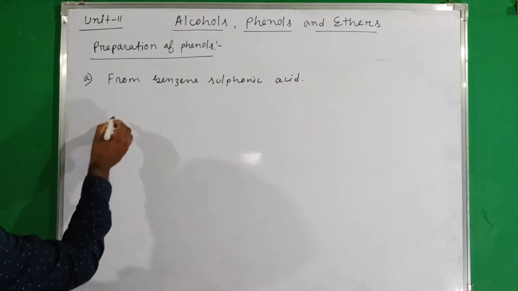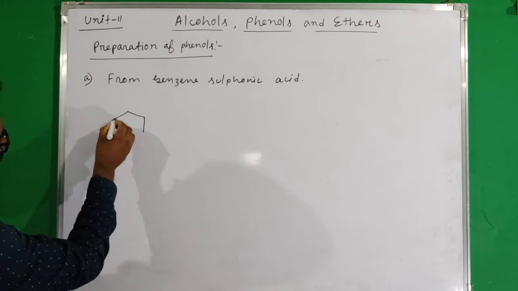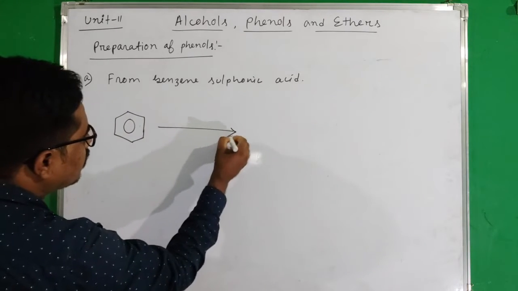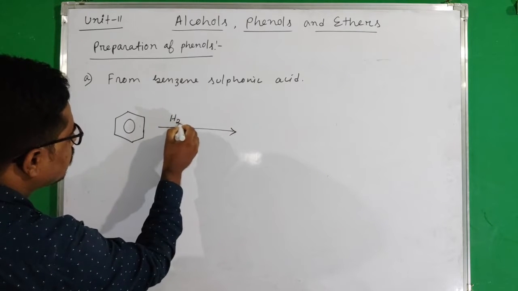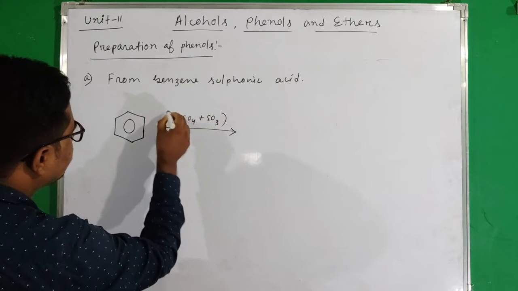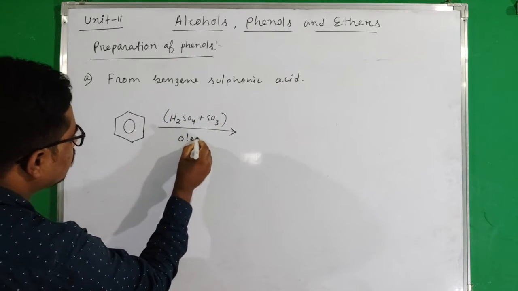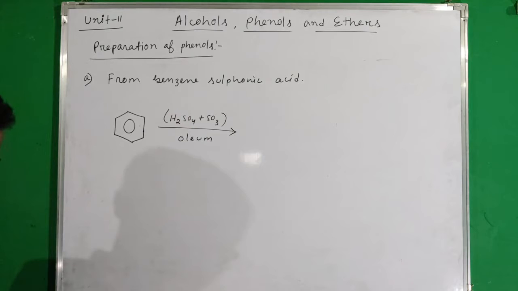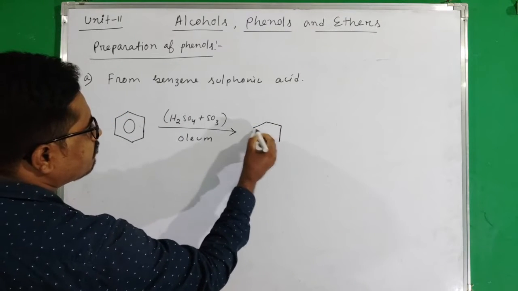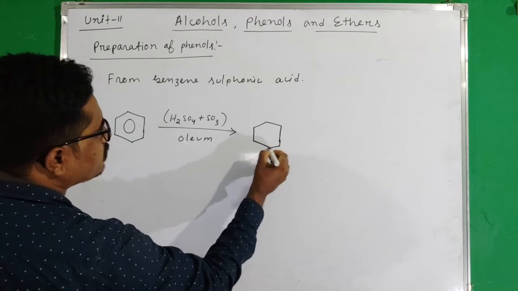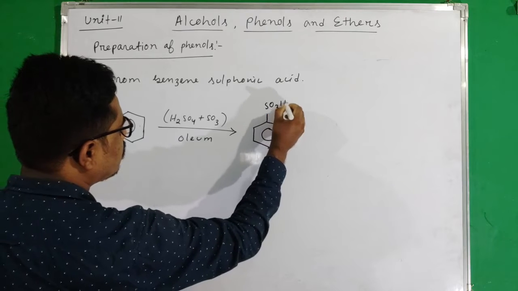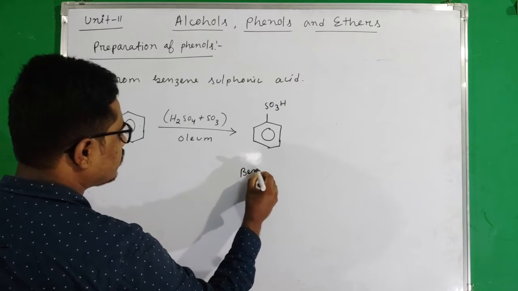In this reaction, first benzene is treated with oleum, that means a mixture of sulfuric acid and sulfur trioxide is known as oleum. Okay, so when benzene is treated with oleum, then benzene sulfonic acid is formed. This one is benzene sulfonic acid.